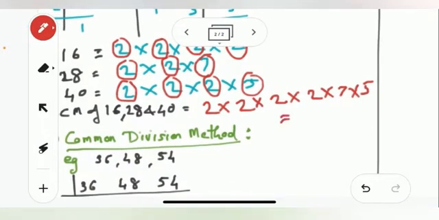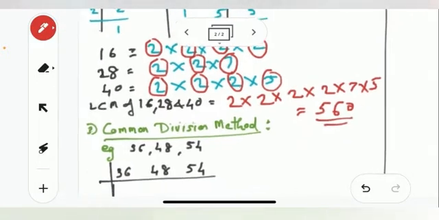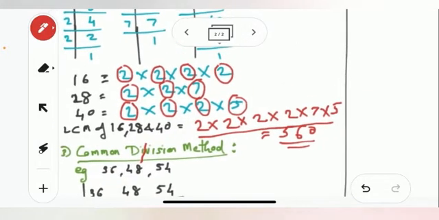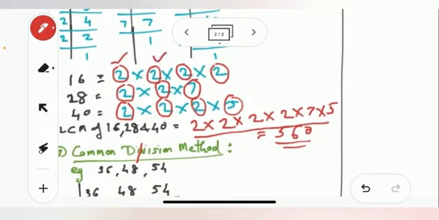So now when you multiply this, you will get the answer as 560. So this is your least common multiple of 16, 28 and 40. Now how did we find this? I have taken all the common 2's once and twice. This 2 I am not going to write 6 times.